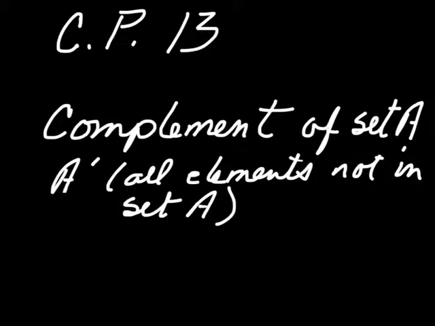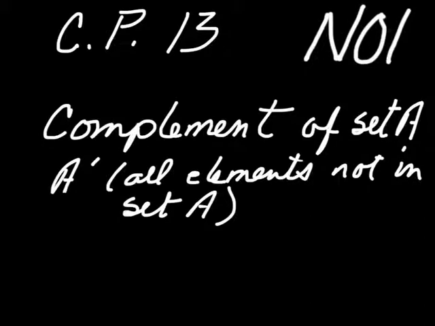So today we're going to talk about the probability of complements, which is typically called the not probability. It's where you look at the opposite of the set that's being talked about.